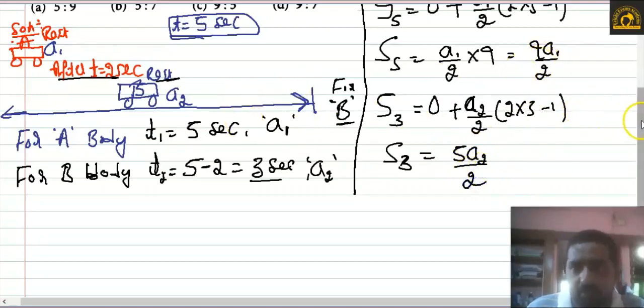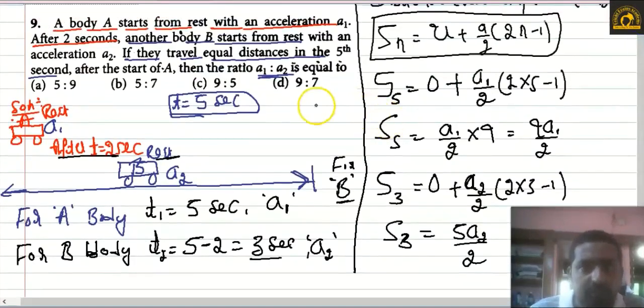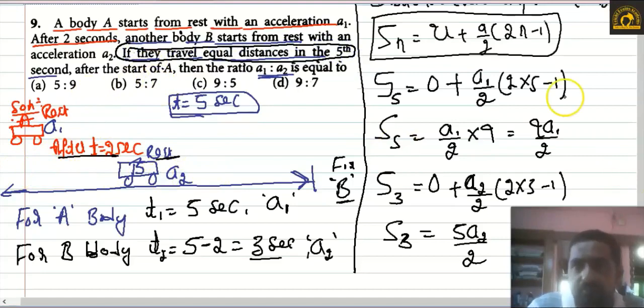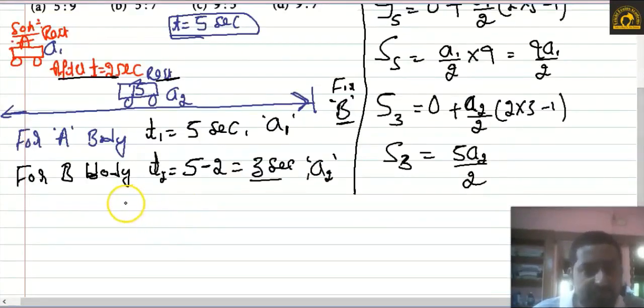Another piece of data is given in this problem: if they travel equal distances in the 5th second, they cover equal distance. That means S5 is equal to S3.